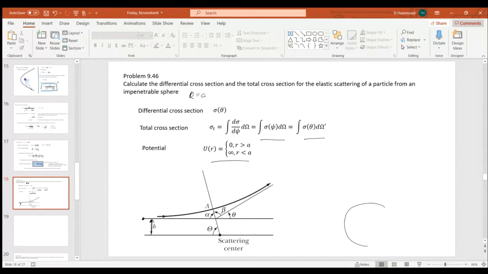So let's draw what that looks like. We have this radius a, we have a particle here that's going to be making it this far away, and then it's going to be scattering away. Okay?